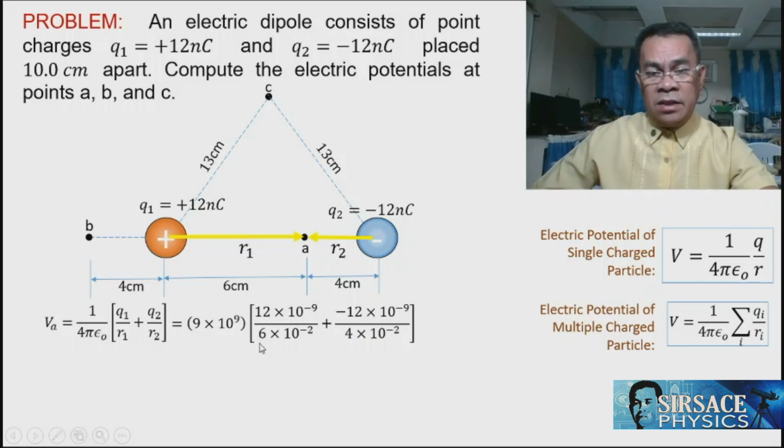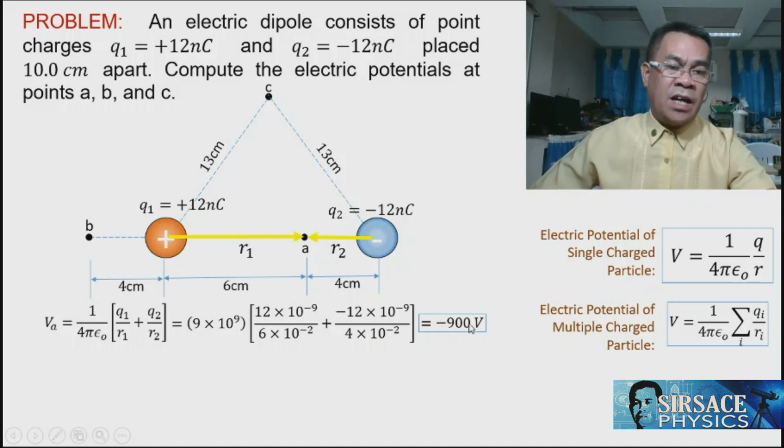Then 6 is the 6 centimeters. Take note that in 1 centimeter there are 10 raised to negative 2, just like in 1 nanocoulomb there are 10 raised to negative 9. So you just multiply by 10 raised to negative 2 for the 6 in order to convert centimeter to meter. Therefore, do it the same. Then calculate. And the answer is negative 900 volts.